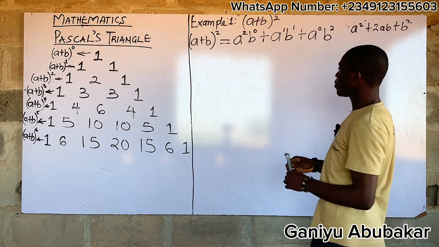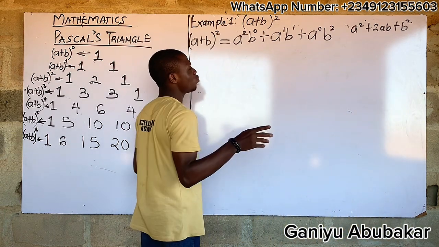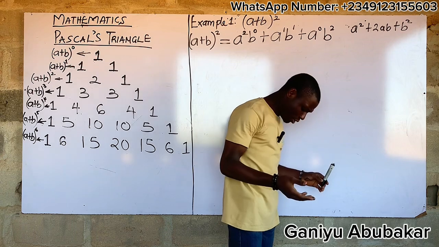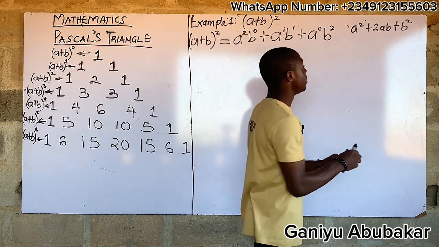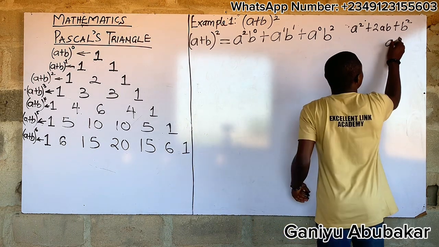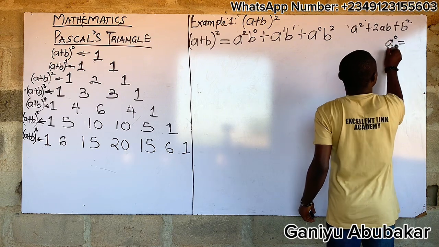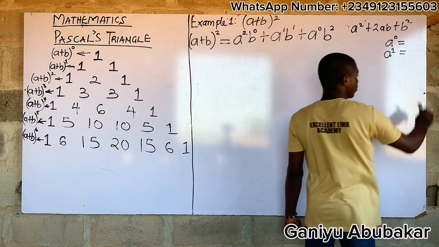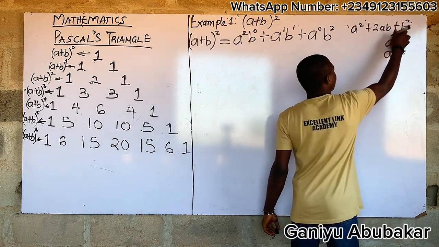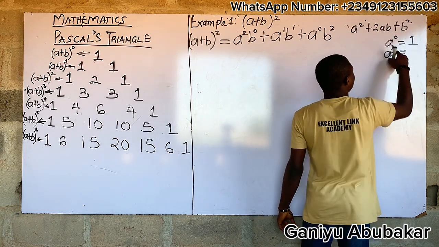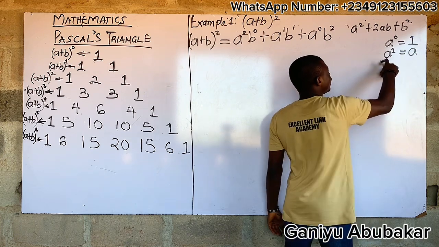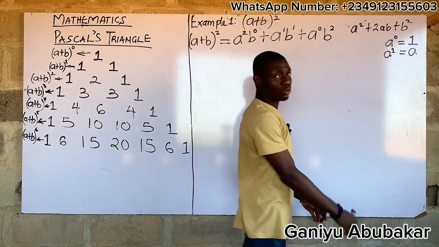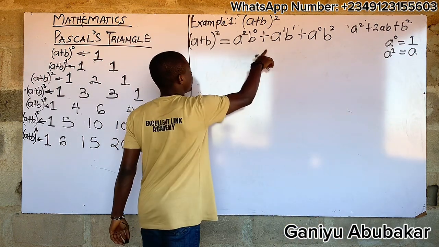The next task is to recall my indices concept. If I have a to the power 0 and a to the power 1, at this level we should know the answer. Anything to the power 0 is of course 1. Anything to the power 1 is that value itself. So I'll apply this concept here.